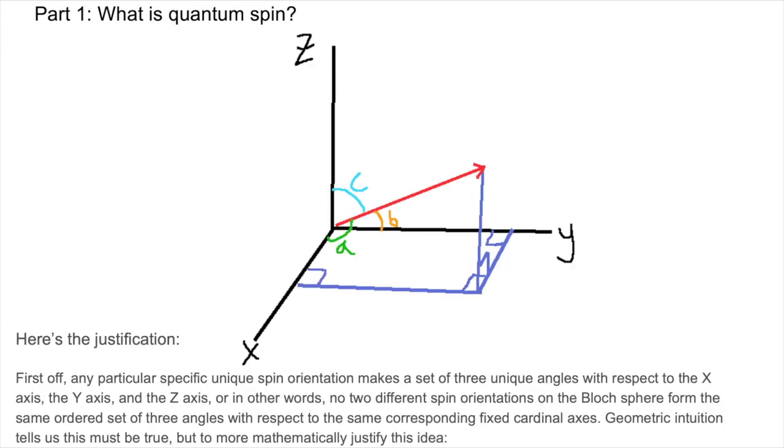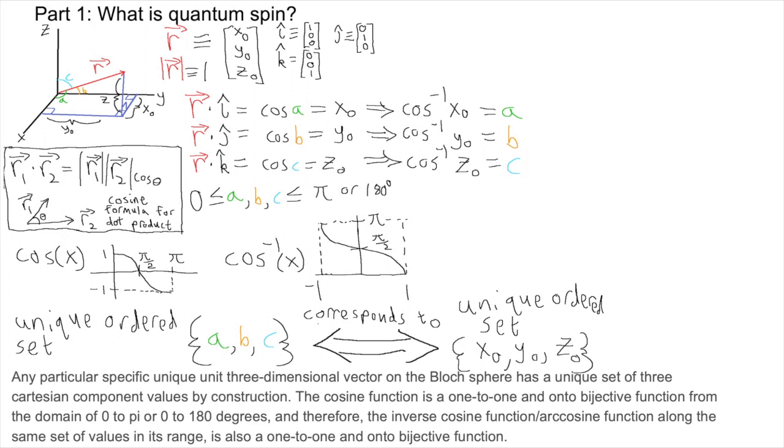First off, any particular specific unique spin orientation makes a set of 3 unique angles with respect to the x-axis, the y-axis, and the z-axis. Or in other words, no 2 different spin orientations on the Bloch sphere form the same ordered set of 3 angles with respect to the same corresponding fixed cardinal axes. Geometric intuition tells us this must be true, but to more mathematically justify this idea, any particular specific unique unit 3-dimensional vector on the Bloch sphere has a unique set of 3 Cartesian component values by construction.